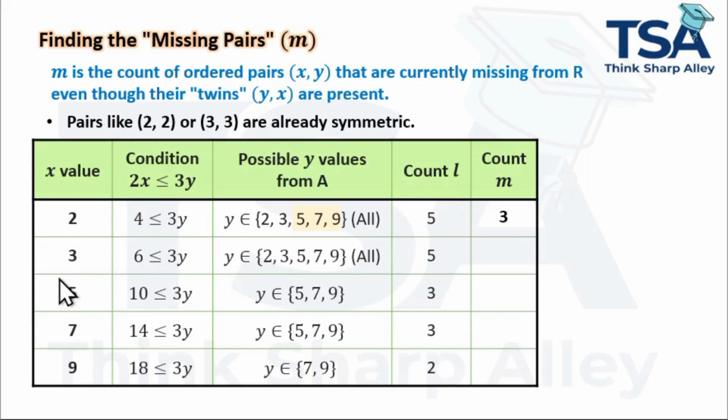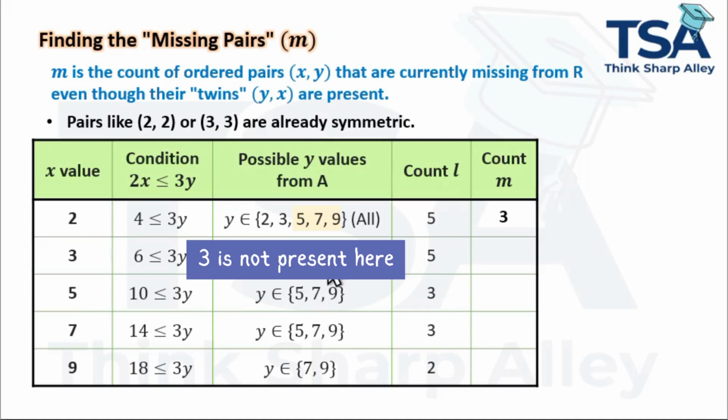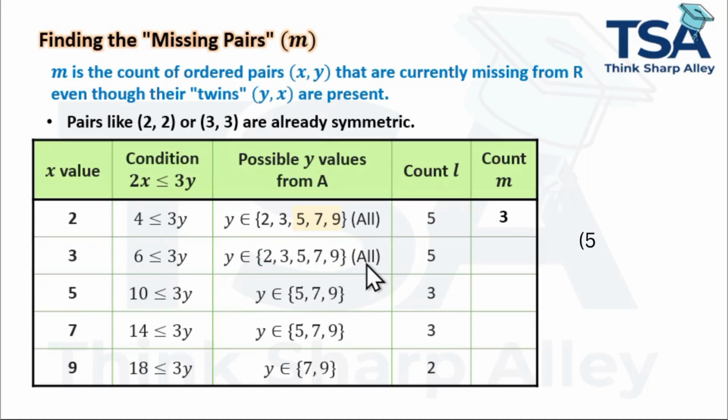Similarly for the next row, (3, 2) already has a twin, we can see in the first row. (3, 3) is its own twin, but (3, 5) does not have a twin because when x is 5, y is not 3. Similarly (3, 7) and (3, 9) also do not have their twins. So that's why the count is 3 for this row as well.